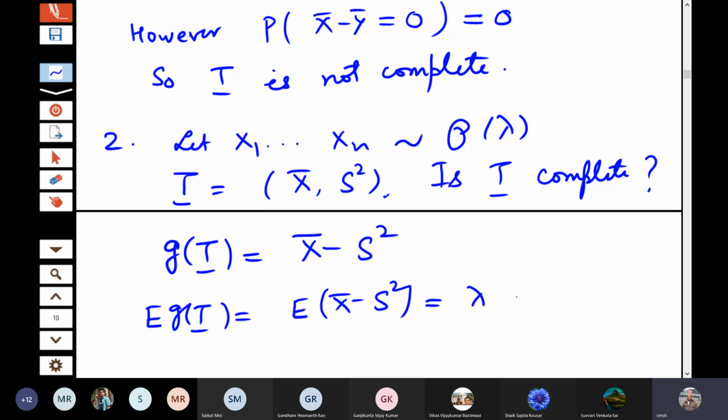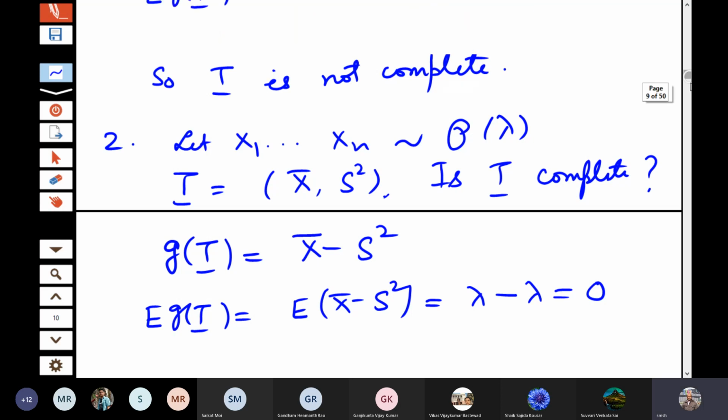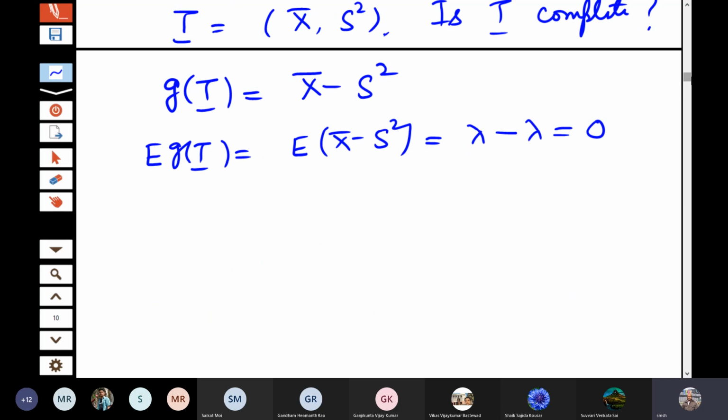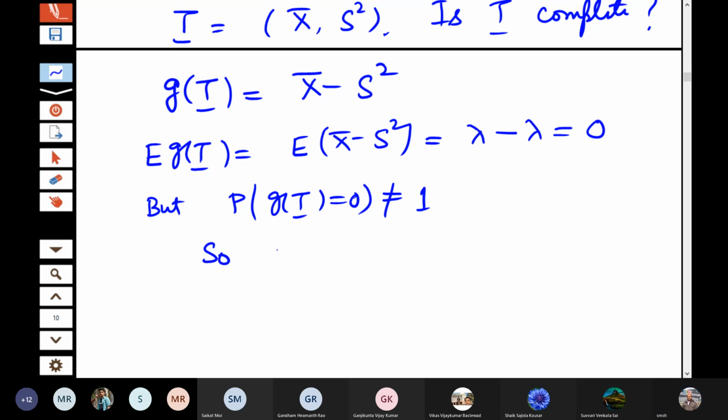So the expectation of x bar is lambda, the expectation of s square is also lambda, because the sample mean and the sample variance are unbiased estimators of the population mean and the population variance. Actually, I should say that it is not 1, because this is a discrete distribution. So T is incomplete.